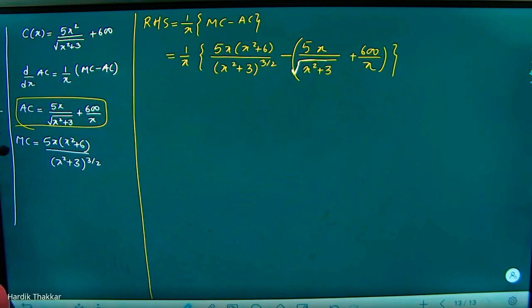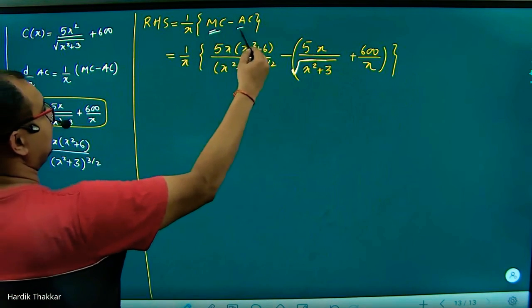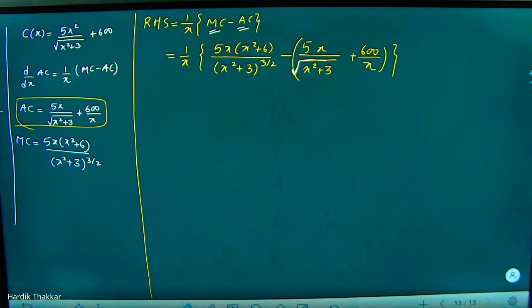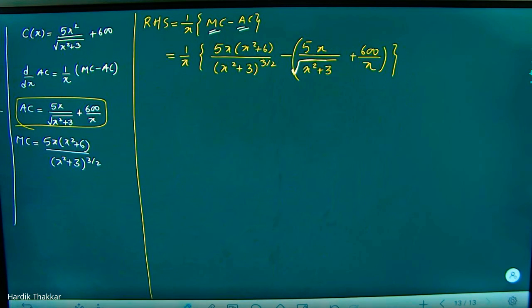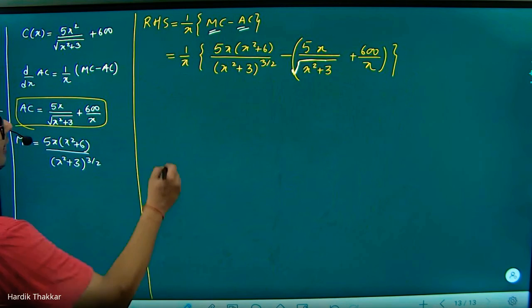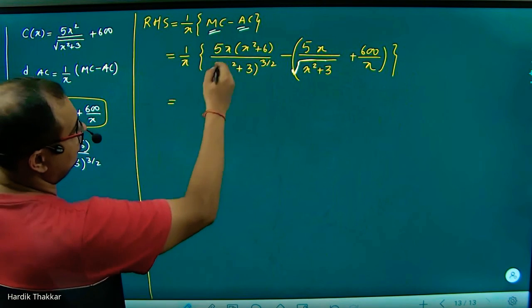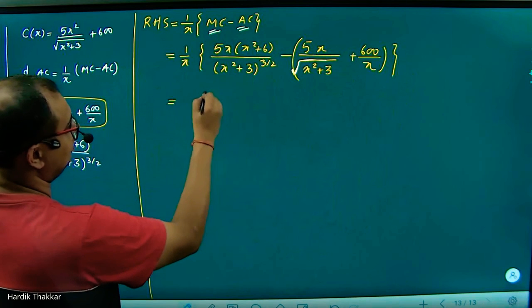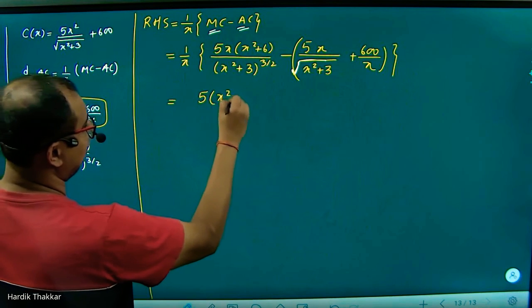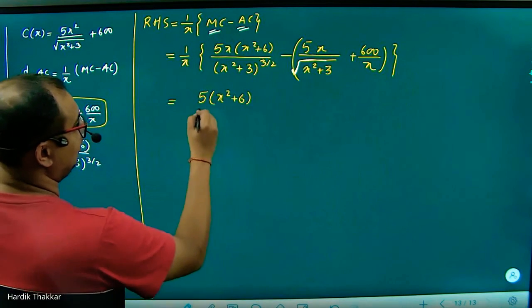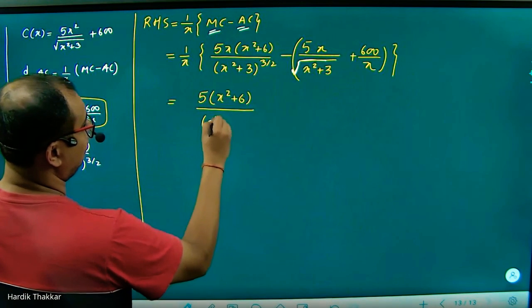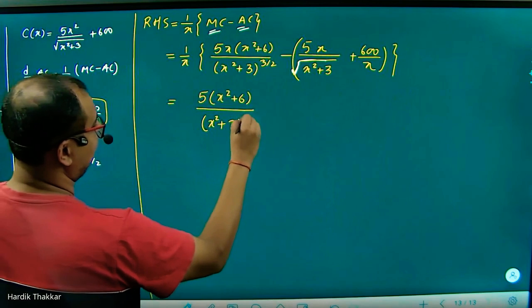Here I have put the values of both the functions, MC and AC. Now open the bracket. So this x gets multiplied with this term, so we'll get 5 into x square plus 6x, because this x and this x get cancelled out, divided by the denominator, x square plus 3 whole raised to power 3 by 2.